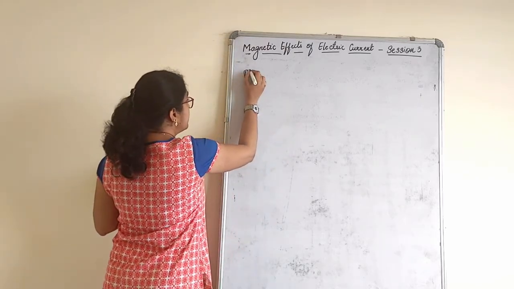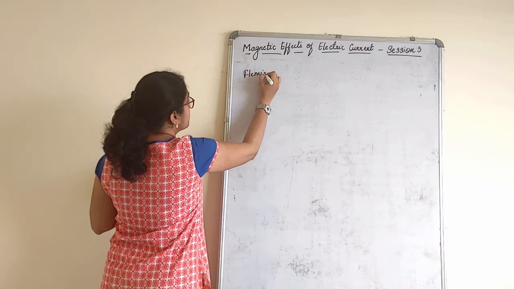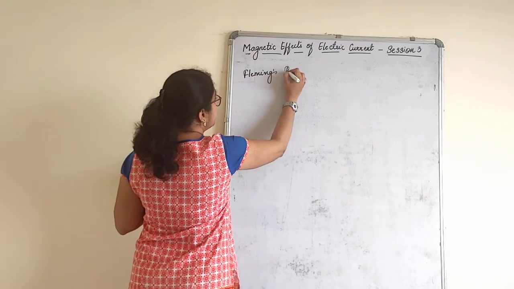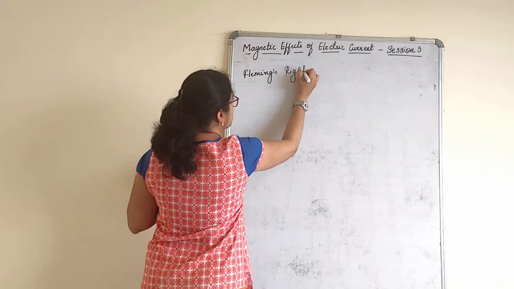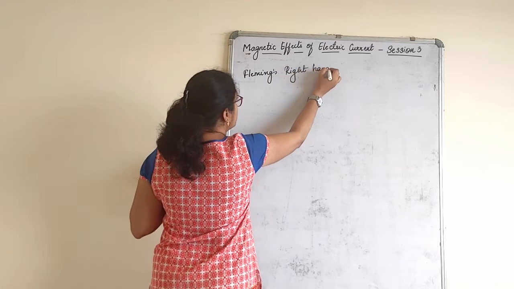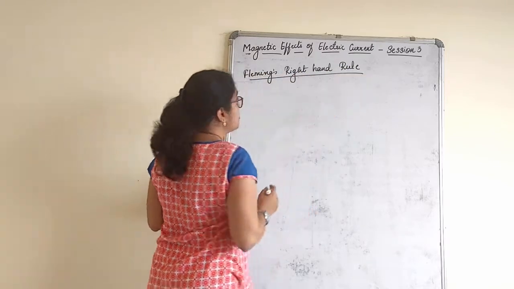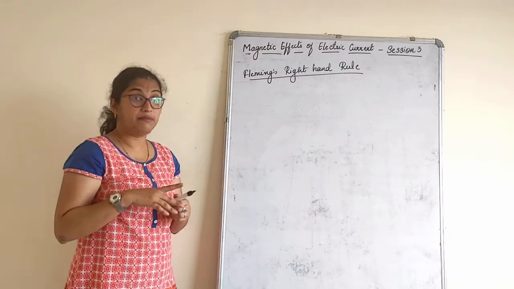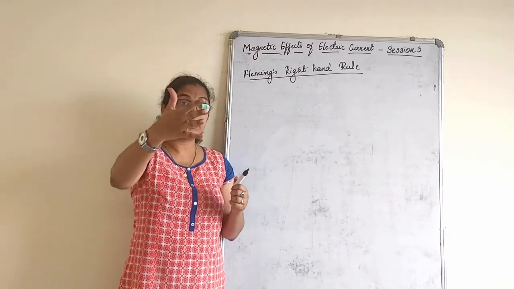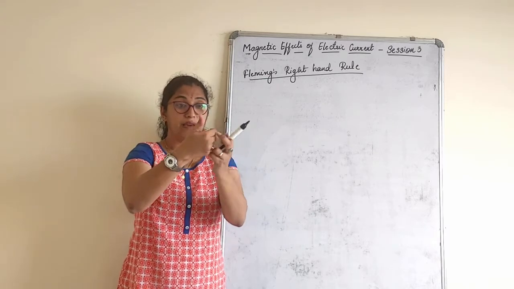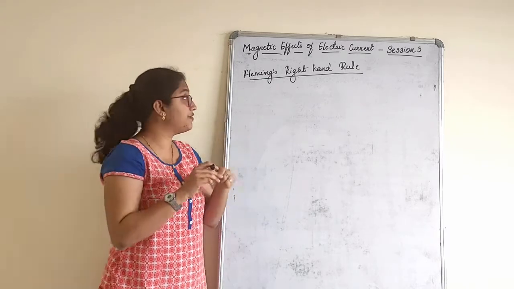First, let us understand Fleming's right hand rule. See, the right hand thumb rule is different. That was given by Maxwell. Again, I am repeating: holding a conductor in the right hand, the curl of the fingers gives you the magnetic field and the current. That's different.